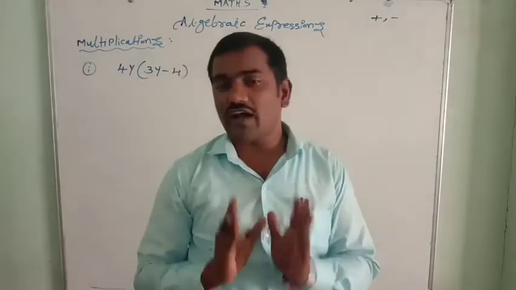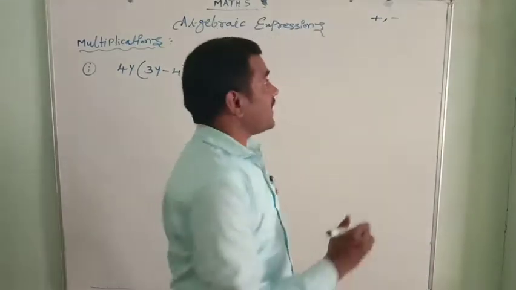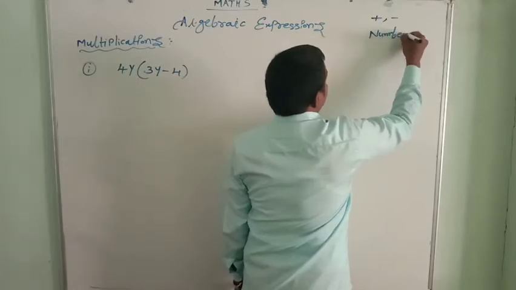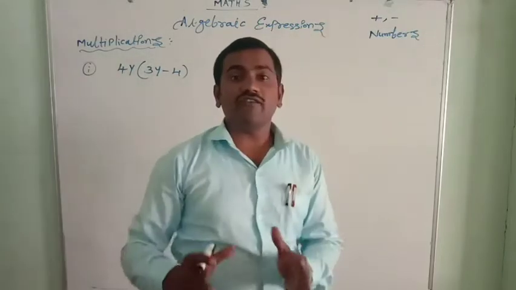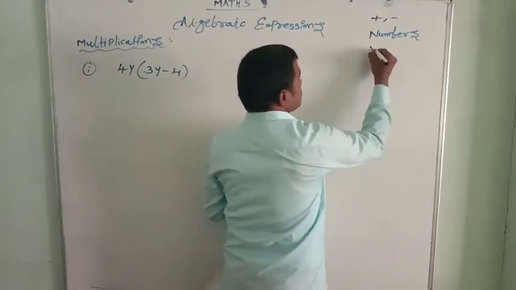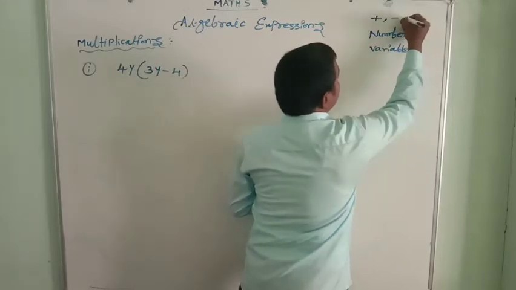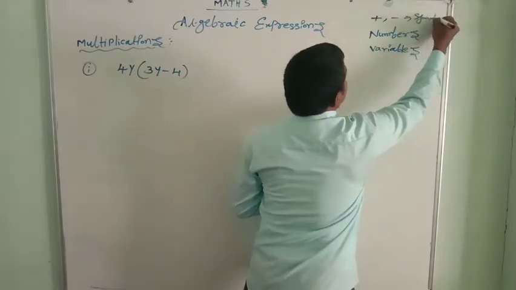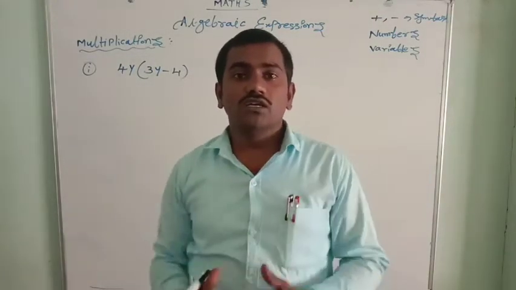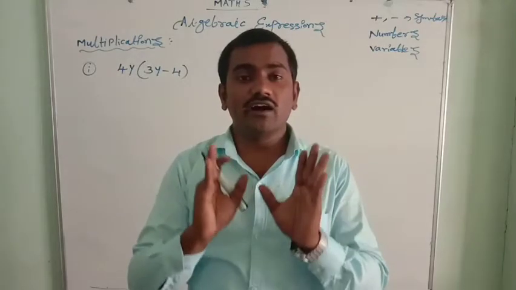First we have to multiply the symbols. Then you have to multiply numbers. Then after that you multiply the variables. So first is symbols, next numbers, thereafter variables. In this sequence, if you multiply, you never get any kind of mistakes.